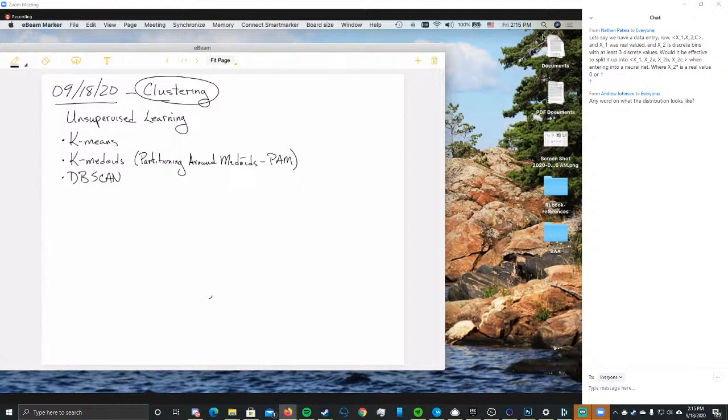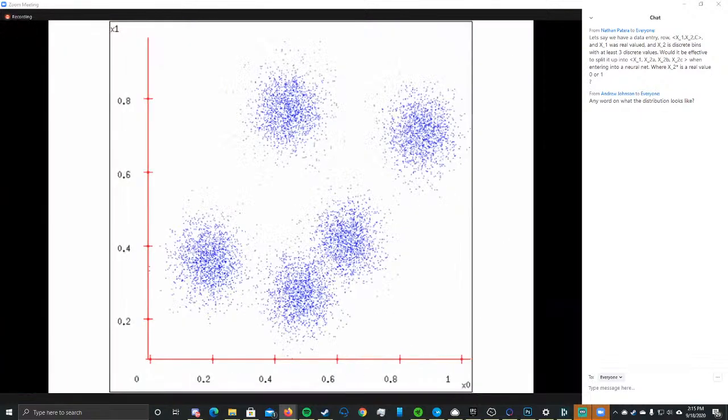Okay, so let's start by talking about the k-means algorithm. To do that, we're going to look at an example. So let's suppose we have this data set.